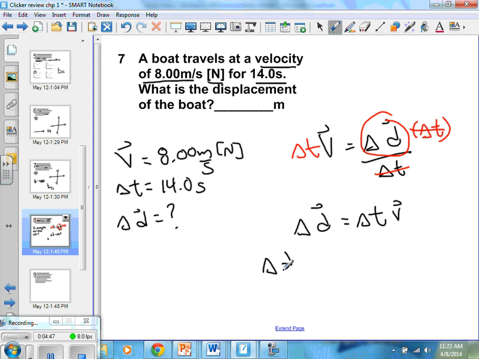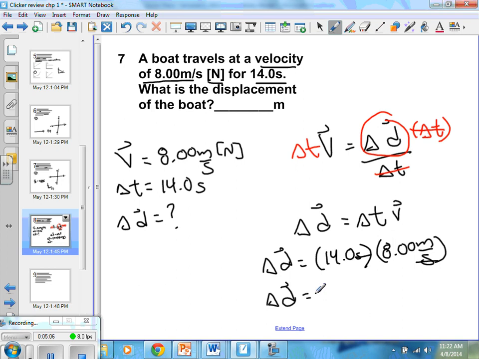So then we just sub in our numbers. 14 seconds. My velocity is 8 meters per second. When I multiply seconds times meters over seconds, this is going to cancel, leaves me with meters. 14 times 8 gives me 112 meters. For significant digits, we would want 3, so we leave our answer like this. So 1 mark, number 7 is 112 meters.